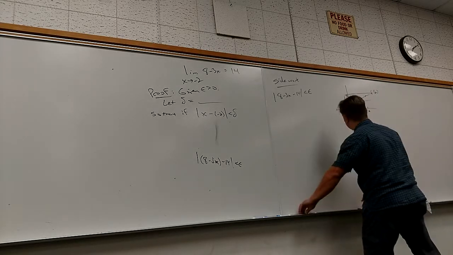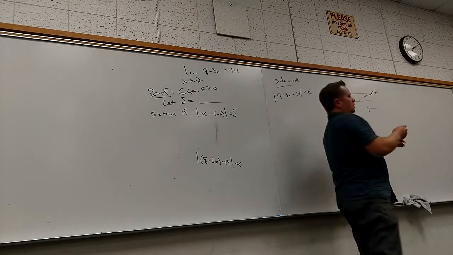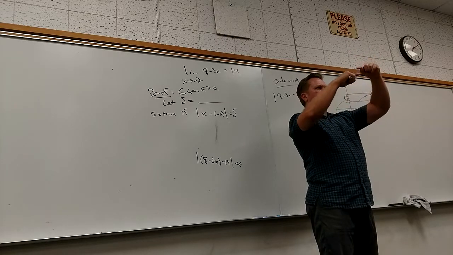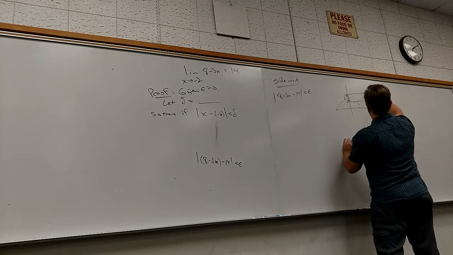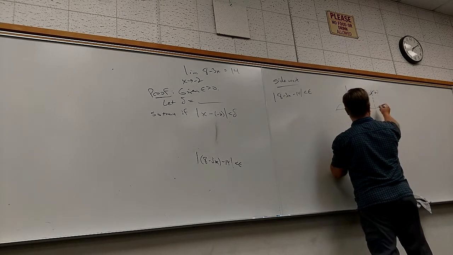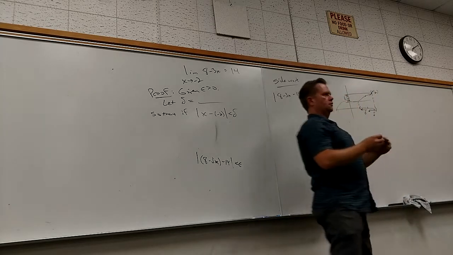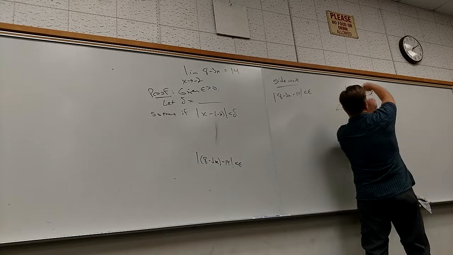I'm going to continue this on. So that really is the limit. No matter how small they make epsilon, I must always be able to find some neighborhood around A so that all the inputs there lead to outputs in here.